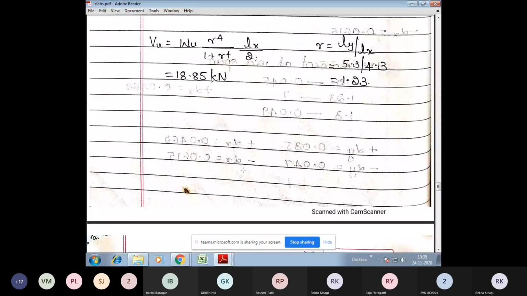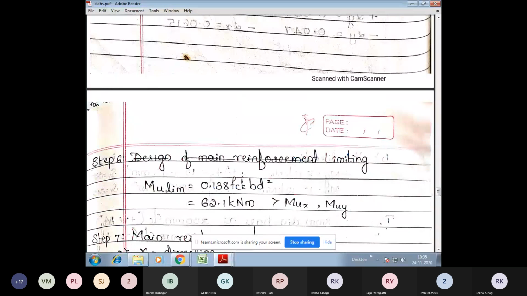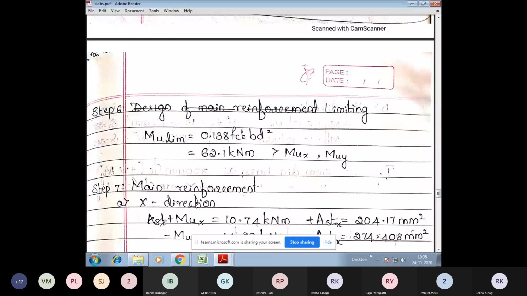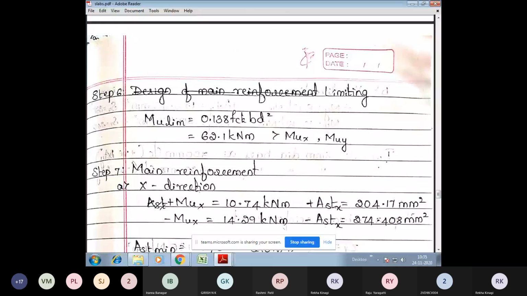Now, once we are done with the design moments and the shear force, the next thing is to check whether the depth provided is sufficient or not. In order to check the depth provided, either we can use the step which we have done in the previous numerical, that is assuming Mu is equal to Mu limit and calculating the depth. If that depth is less than the depth provided, then we can continue with the design.